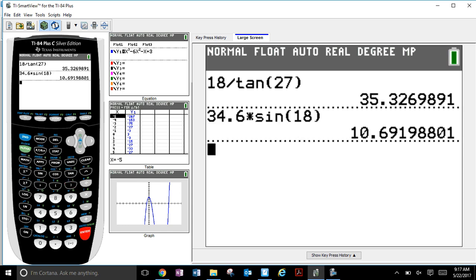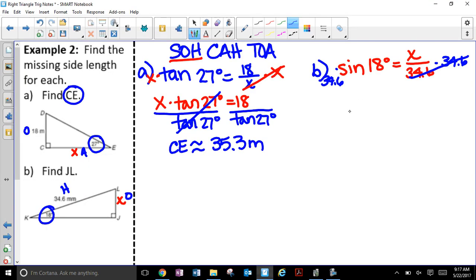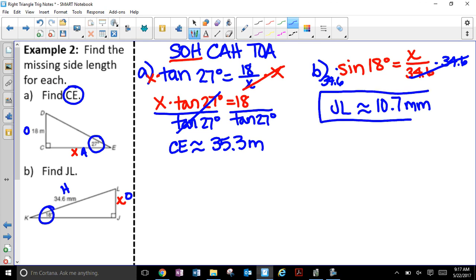And that's approximately 10.7 when I round to 1 decimal place. So the label is millimeters. And then now I'll just take out that X, because JL is what they actually wanted me to find.